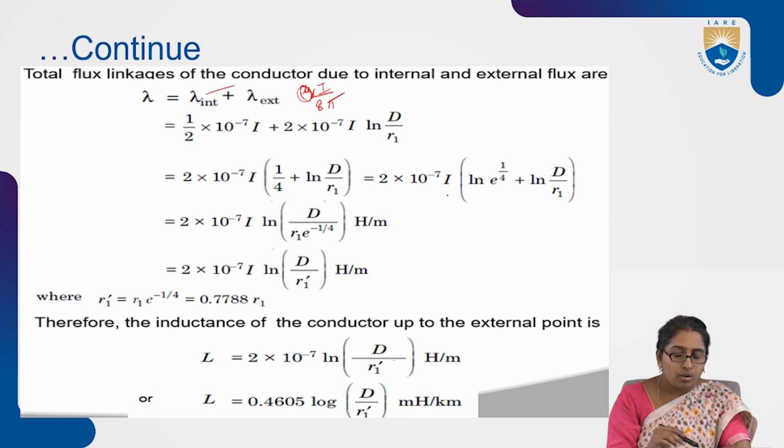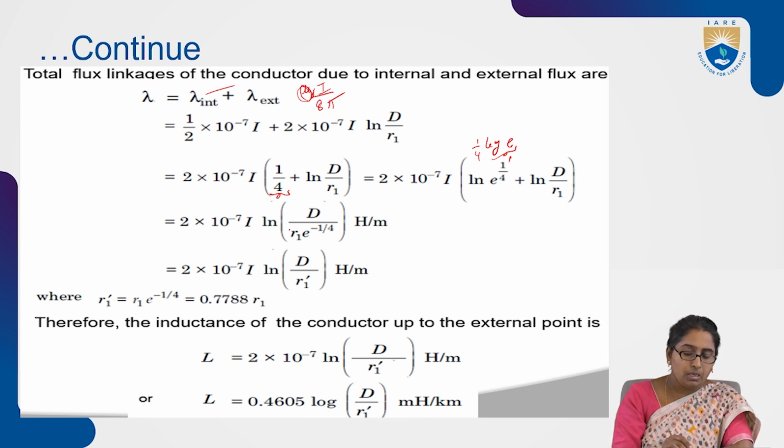Now this 1 by 4 can be written as log base e power 1 by 4, because log e is 1, so 1 by 4 is the same as 1 by 4 log e. That is why it is written as log e power 1 by 4. Now, log a plus log b is what? Log ab, right?